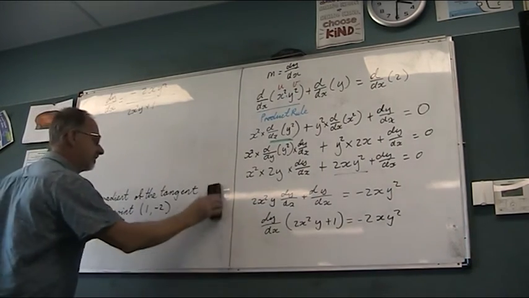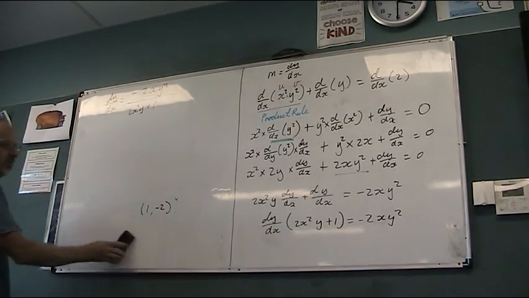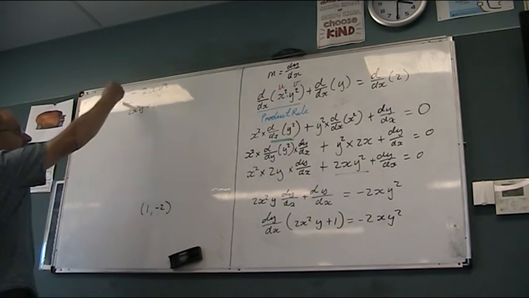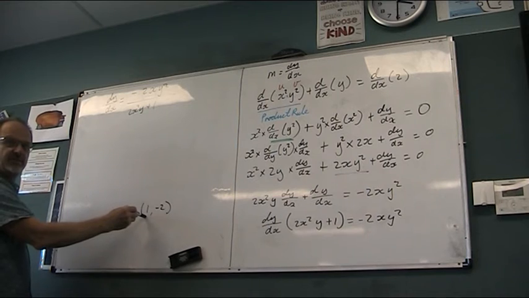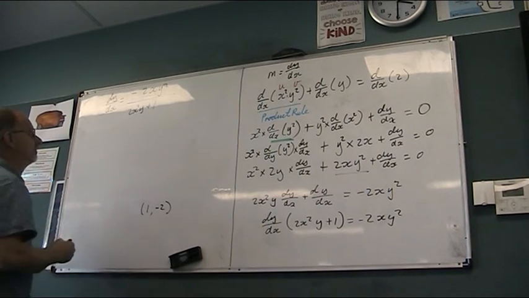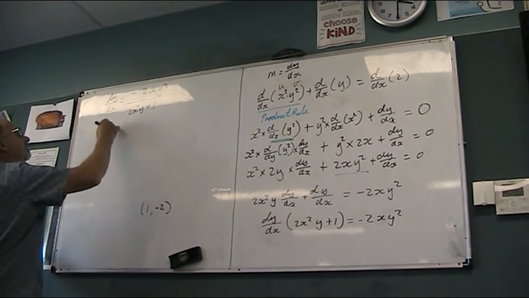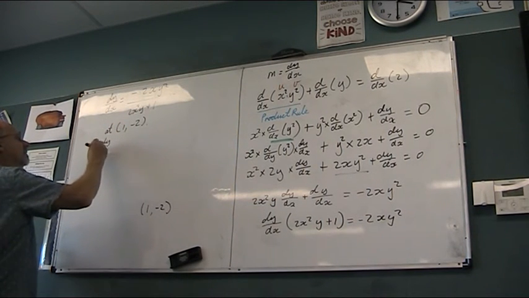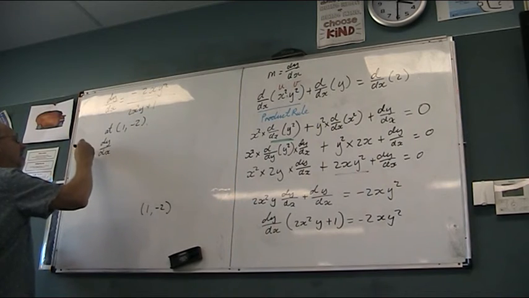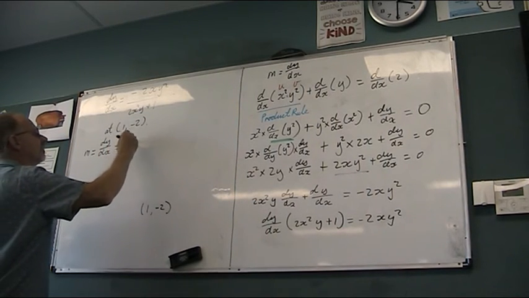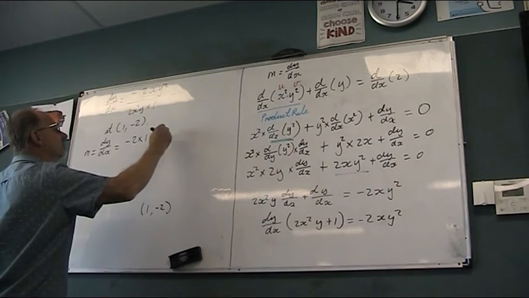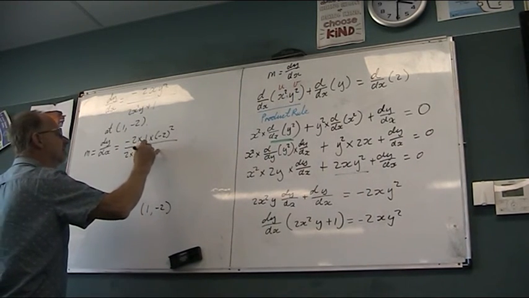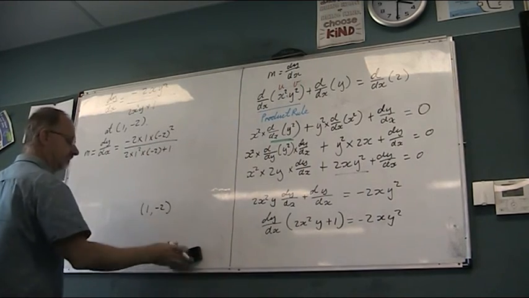And we were asked to find the gradient at the point 1, negative 2. So we simply, up here, wherever x is, we put in 1, and wherever y is, we put in negative 2. So at 1 and negative 2, dy/dx, which is our gradient, is negative 2 times 1 times negative 2 squared over 2 times 1 squared times negative 2 plus 1.